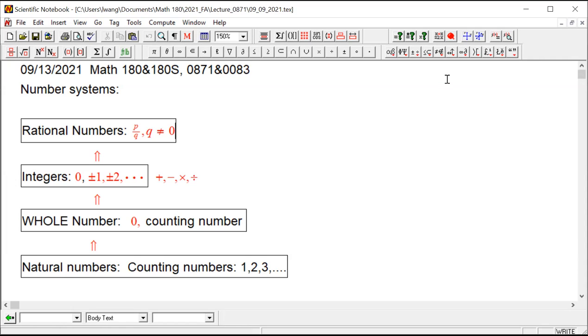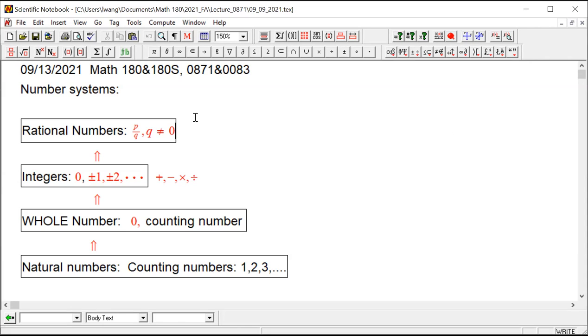Then you ask, why rational numbers? Well, if there are rational numbers, you may ask, do we have irrational numbers? And the answer is yes, we have irrational numbers. Maybe for that reason, we introduce rational numbers instead of just using plain fractions. Who knows what's going on in those nerdy mathematicians' minds? I don't even know.